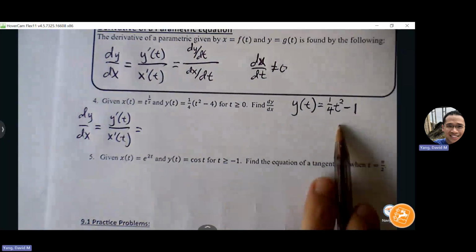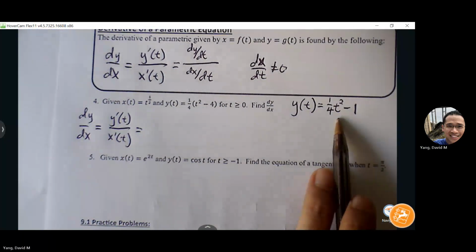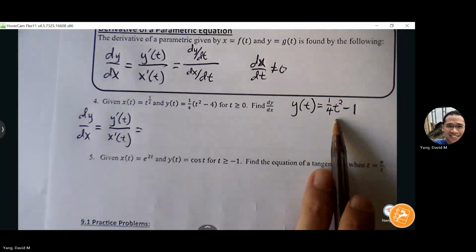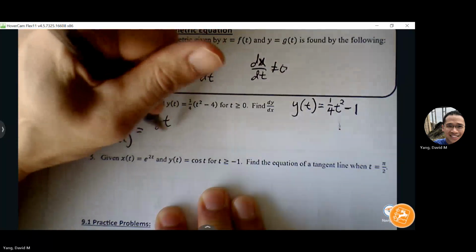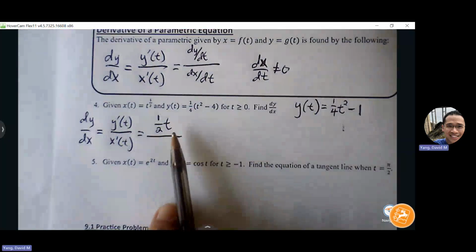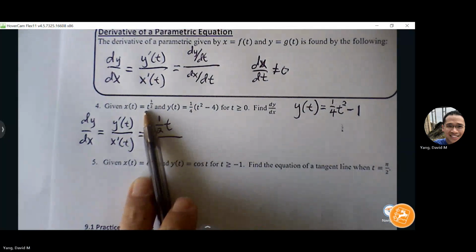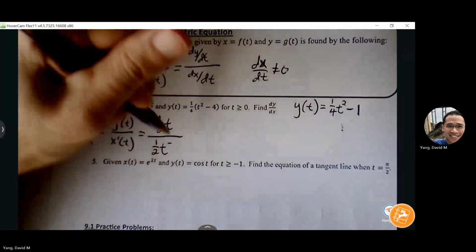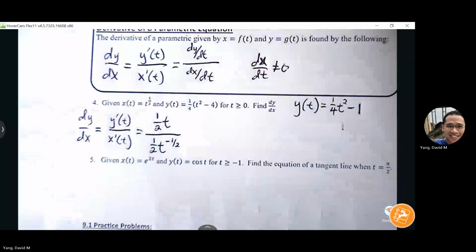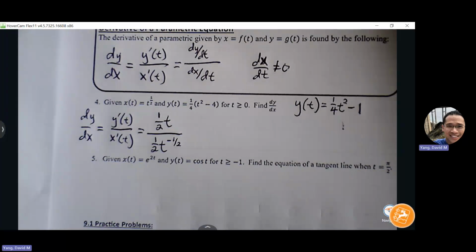Okay, y prime of t is equal to x prime of t is equal to The 1/2s cancel out.